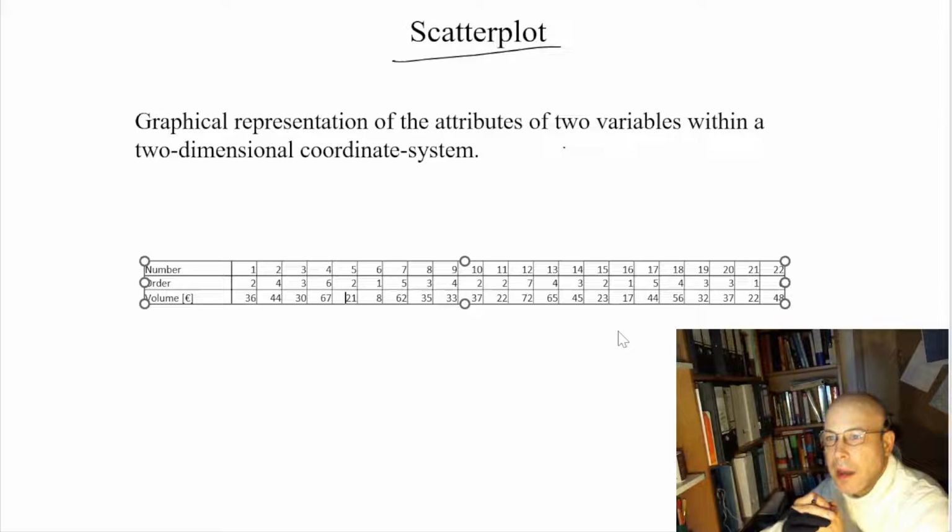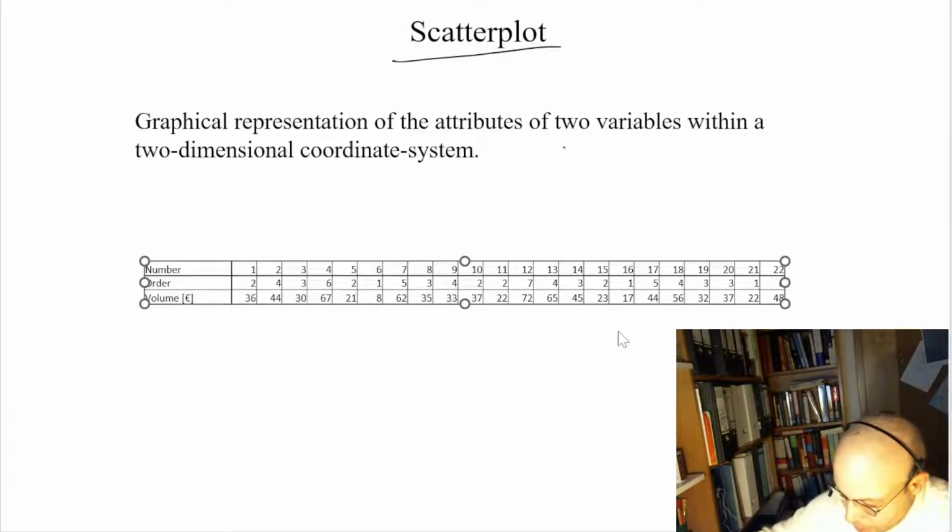And what we want to do is to have some idea how these two variables, order and volume, are, if they are independent or if they depend on each other.